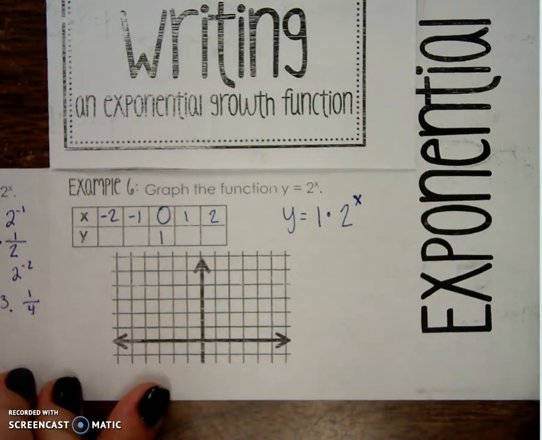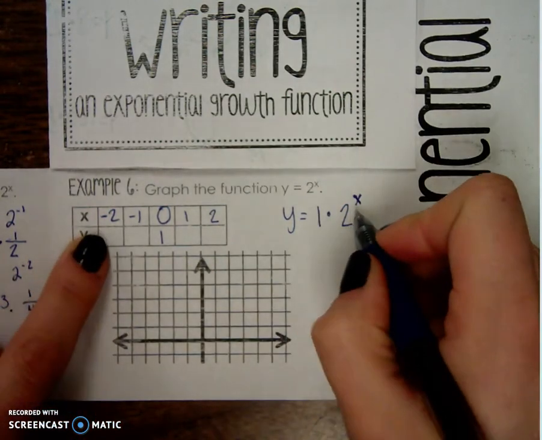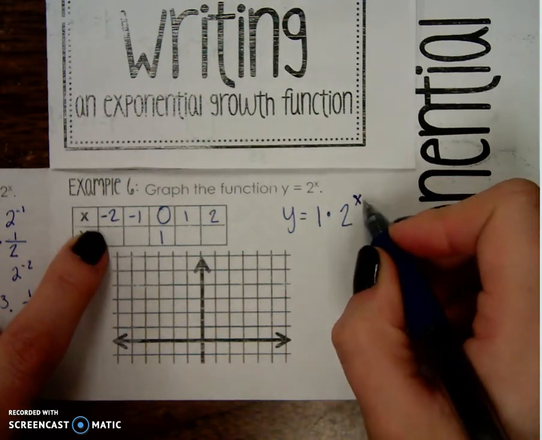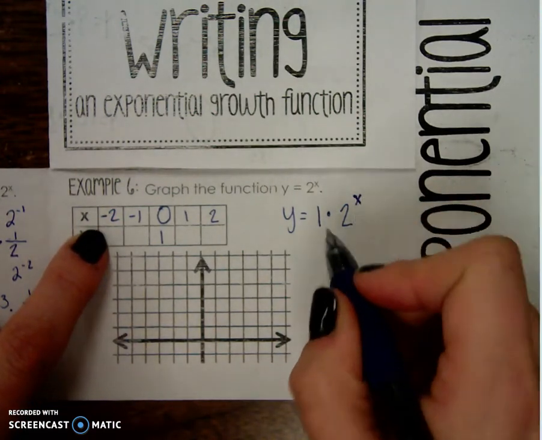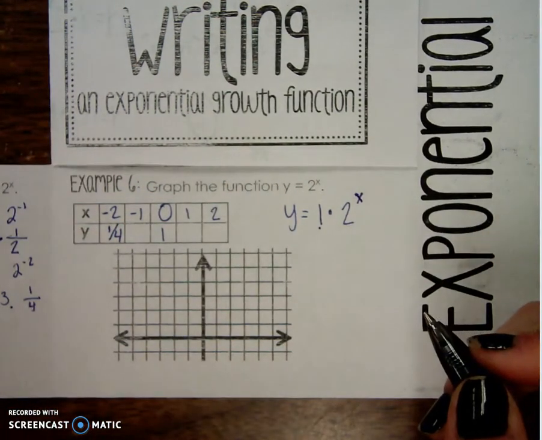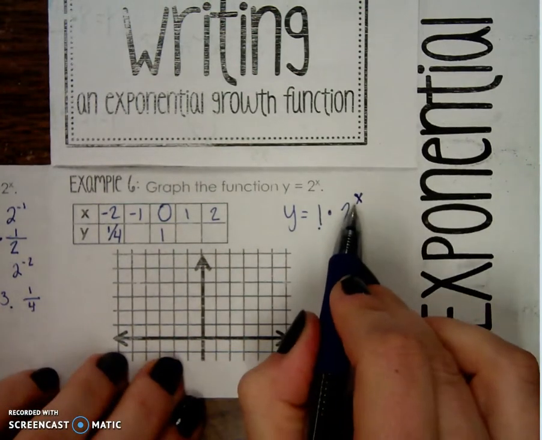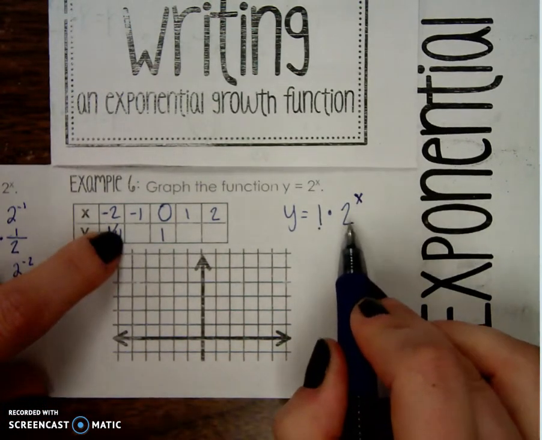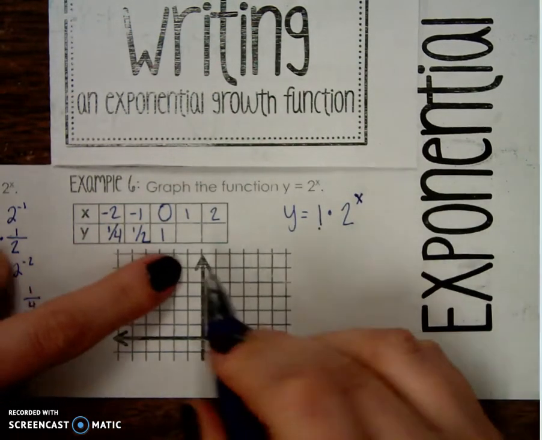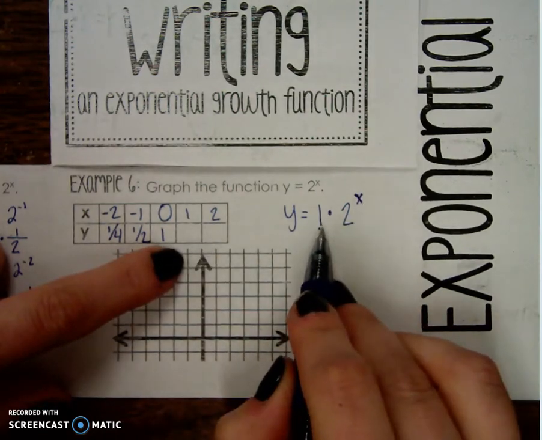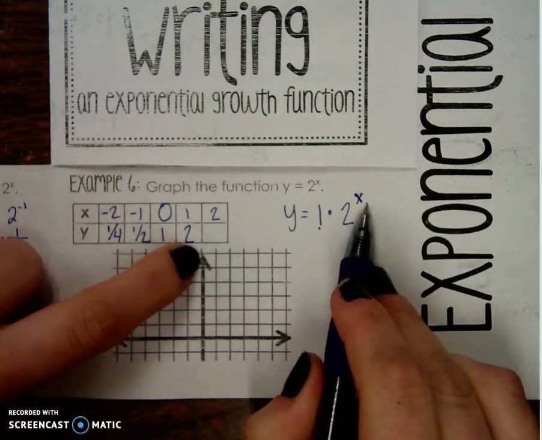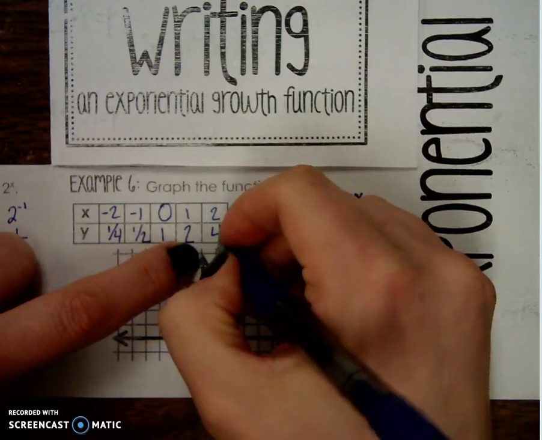And then let's fill the rest of this in. -2 as the exponent, so 2 to the -2nd, again, is 1/4. 1/4 times 1 is just 1/4. 2 to the -1st power is 1/2. 1/2 times 1 is just 1/2. 2 to the 1st power is 2. 2 times 1 is 2. And then 2 squared is 4. 4 times 1 is 4.